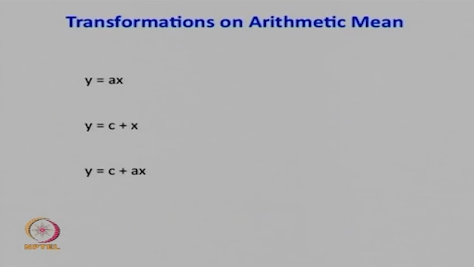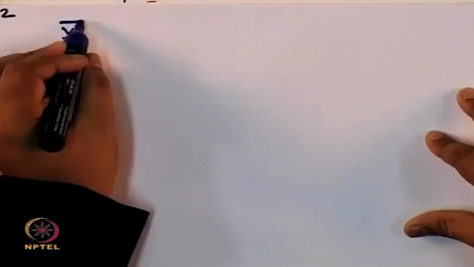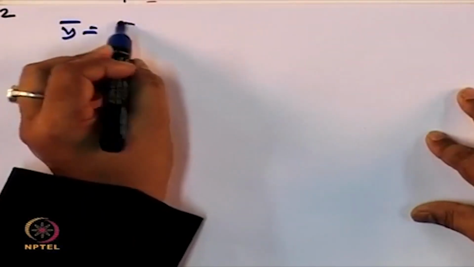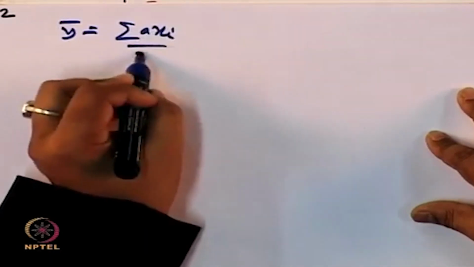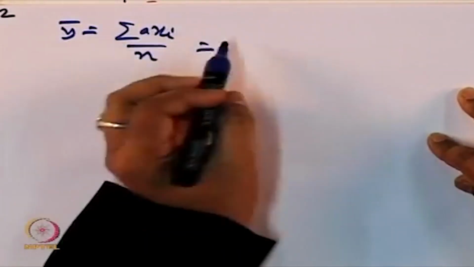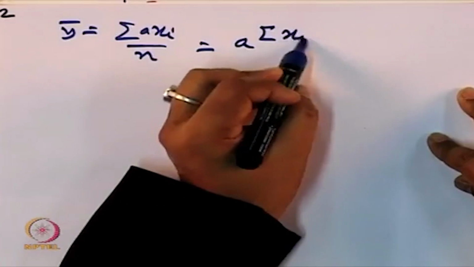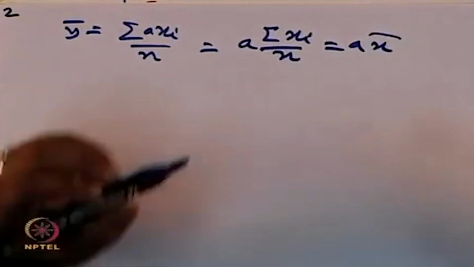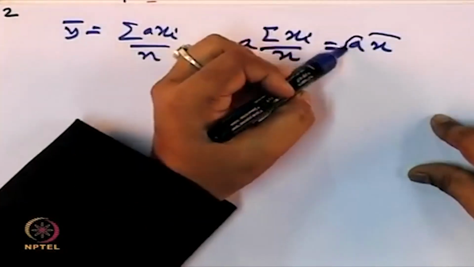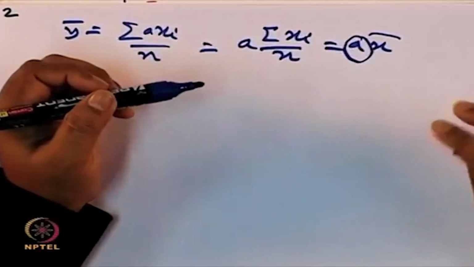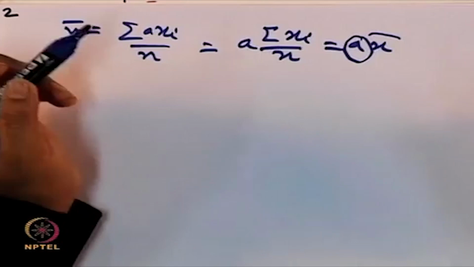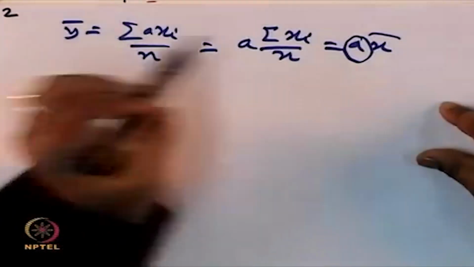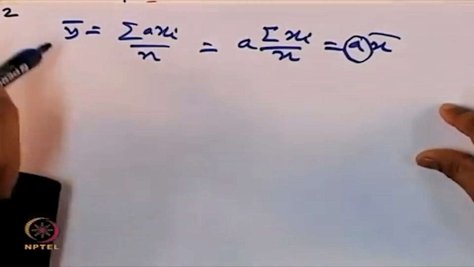Since a is a constant, we can take it out and write a times summation xi by n, which is equal to a x bar. In other words, when you have a prefactor a multiplied with x, and that is how you calculate y, you simply multiply a with x bar to obtain the value of y bar.